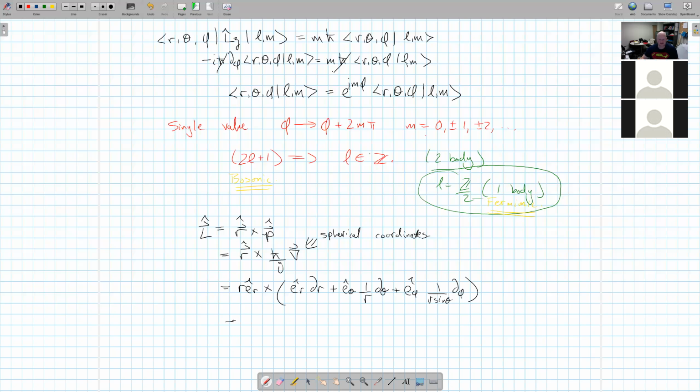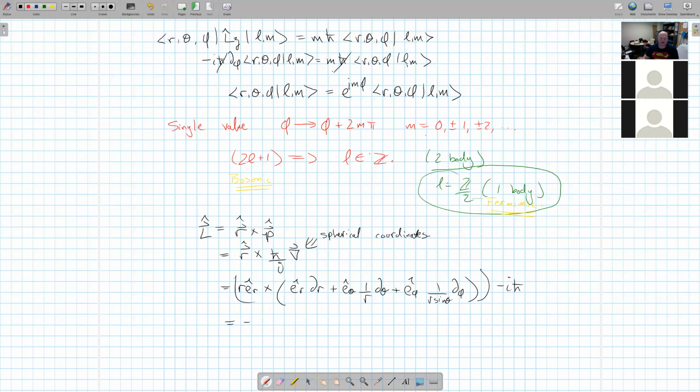So this thing is simply going to become equal to r. Actually, this r is going to cancel out both of those two r's, so those r's are going to go away. So this thing now simply becomes what? This term, but now it's going to point in the phi hat direction, and this term, which is now going to point in the negative theta hat direction. Oh, I forgot my i h bar here, all times minus i h bar.